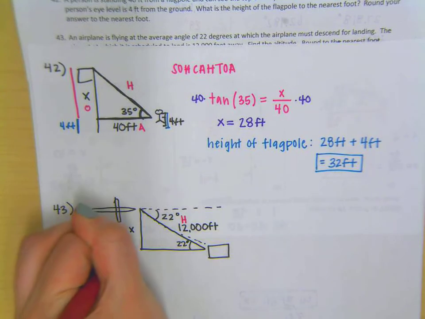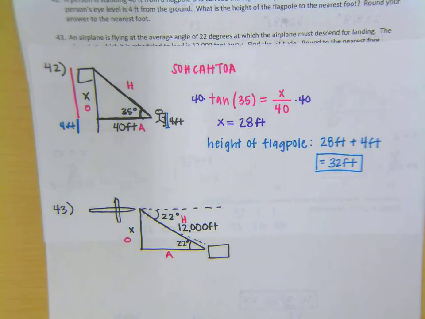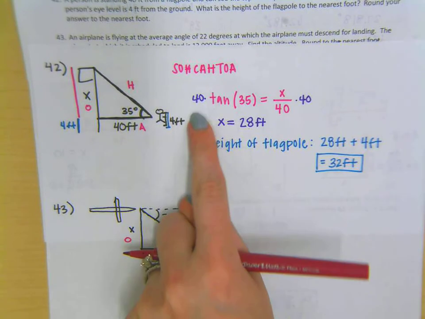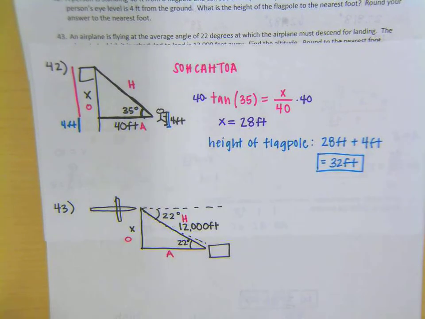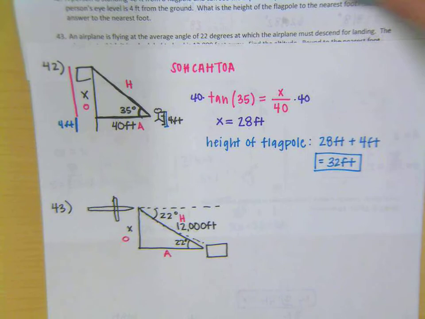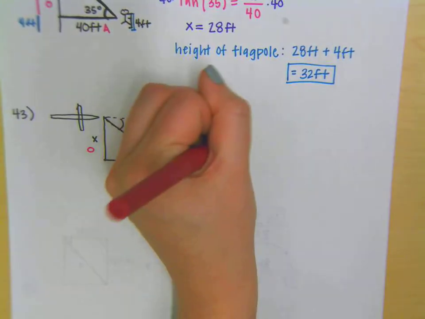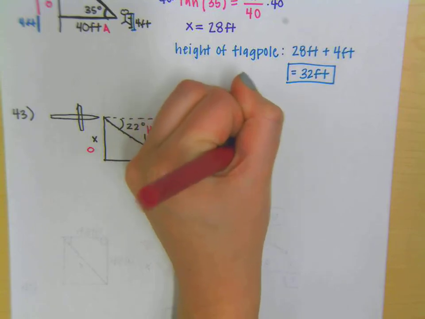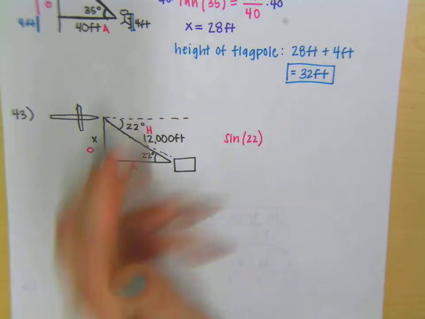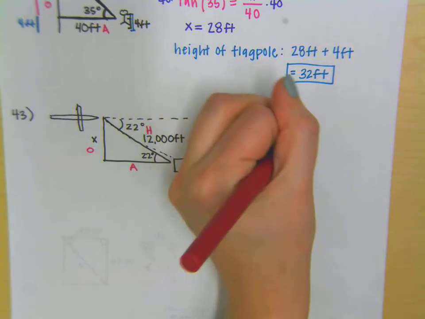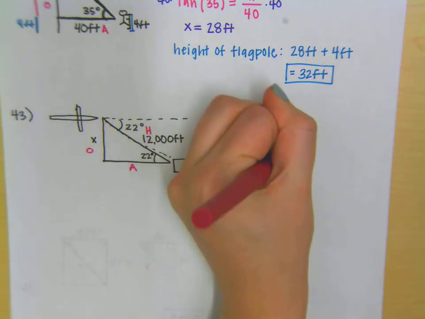So H, O, and A, which means we are going to use sine since we're looking at SOHCAHTOA up here. So let's see, we have sine of 22 is equal to O over H, which is x over 12,000.